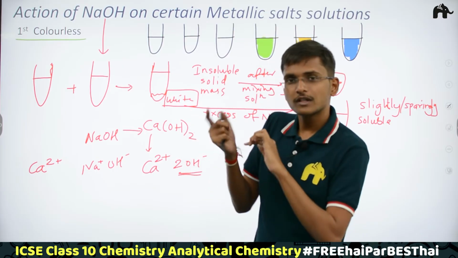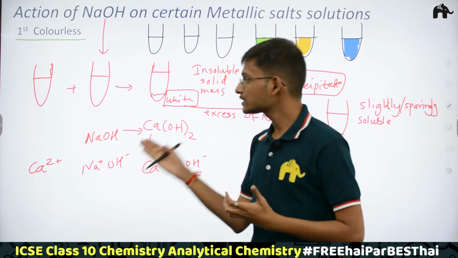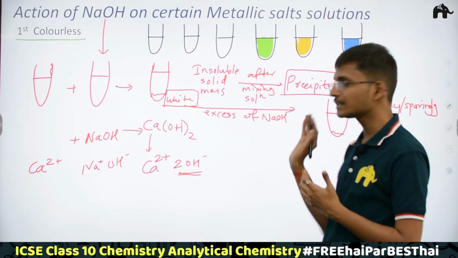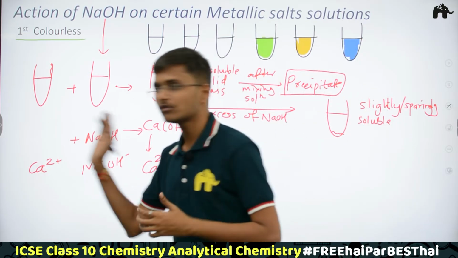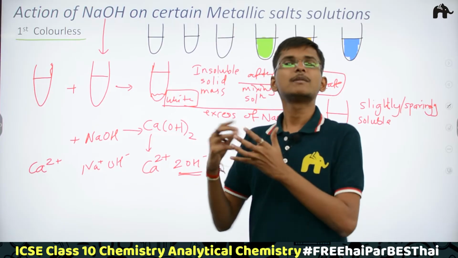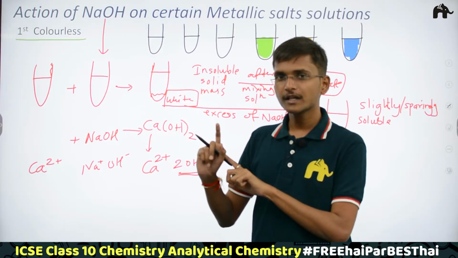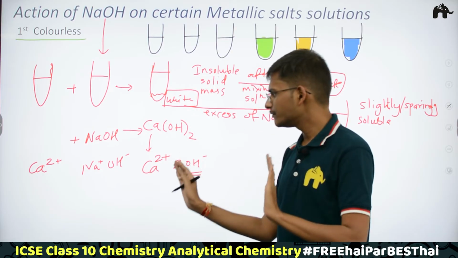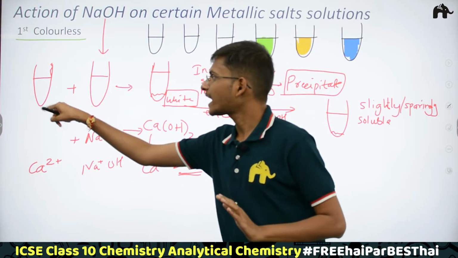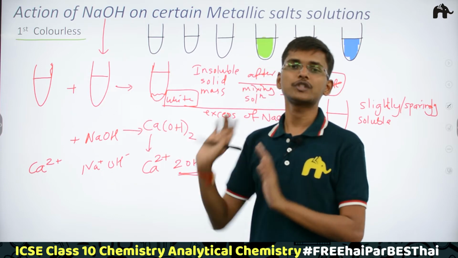Now we have already studied all about it. That's where you would get help, because now we have to write the name of the salt for writing the chemical reaction, what is actually happening, right? And how would you figure out which salt it is? By just remembering the rules of solubility. Now first of all, let's make it simple. We know that the calcium 2 plus ion is in this metallic salt solution, right?